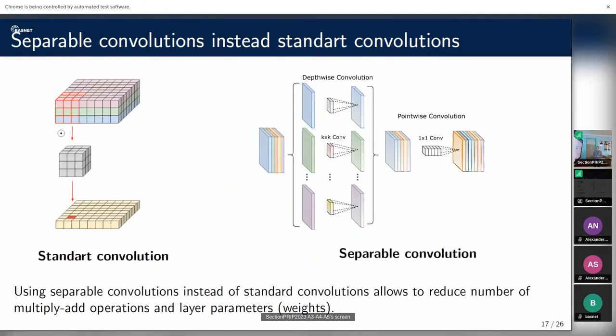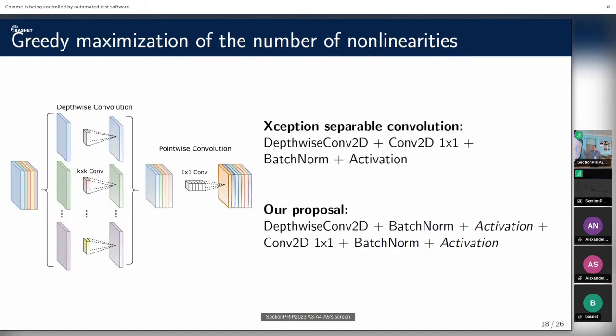Sure, I use separable convolutions instead of convolutions, which was originally proposed in the Xception neural network architecture. But Xception separable convolution recommends to use depthwise and point-wise convolutions without activation between them. Francois Chollet gives such a recommendation in his article about Xception and in his book Deep Learning with Python.